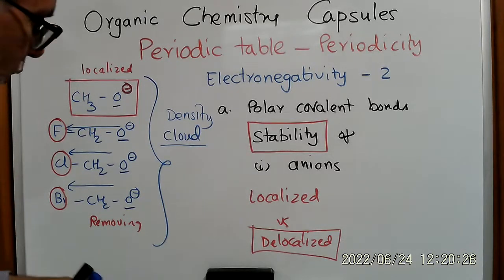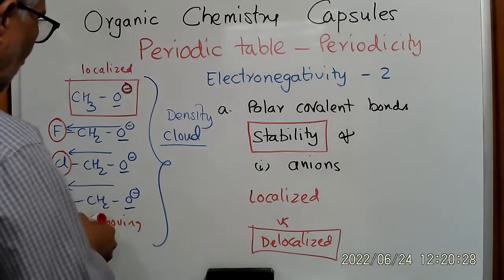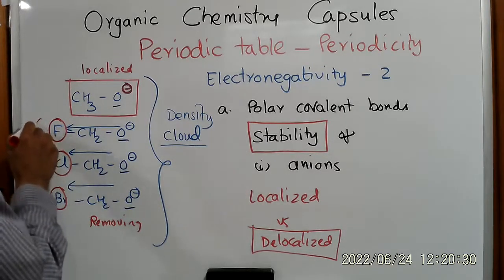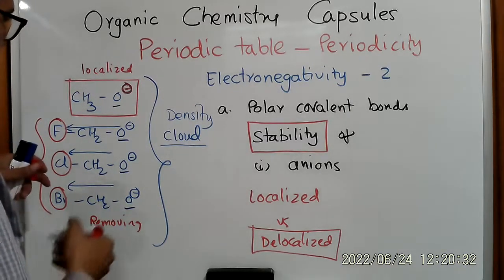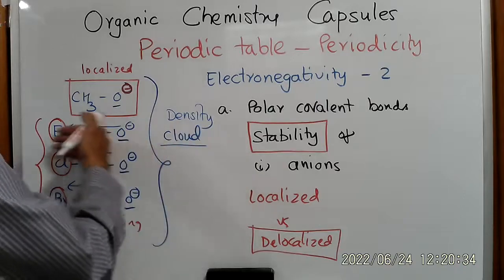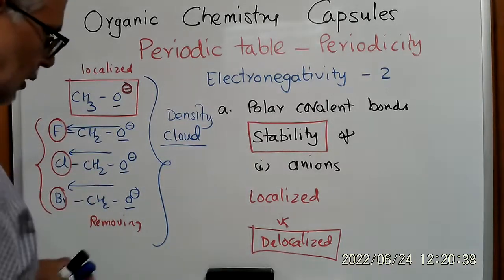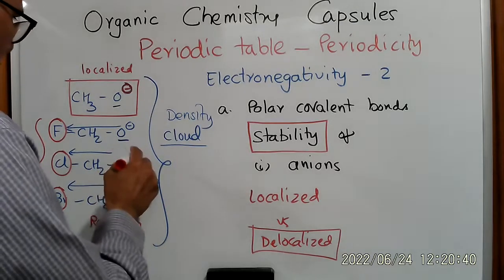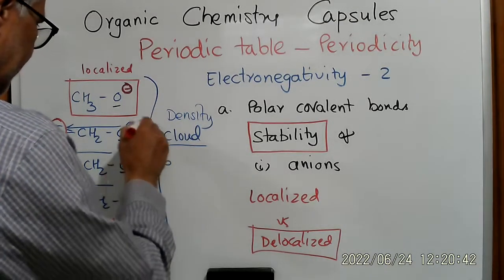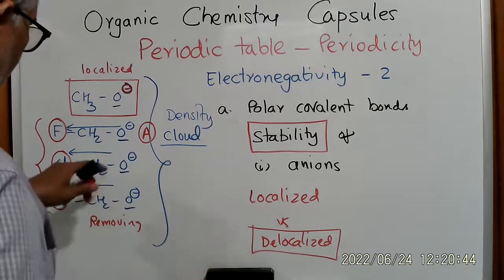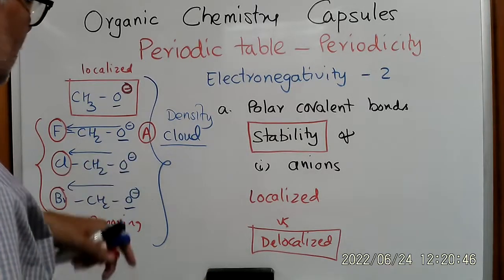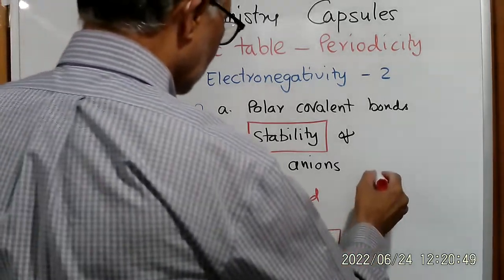Now, which one of these three will be most effective in delocalizing or removing the electron density from oxygen? Fluorine. So this compound, let's call it compound A, or ion A, is most stable.